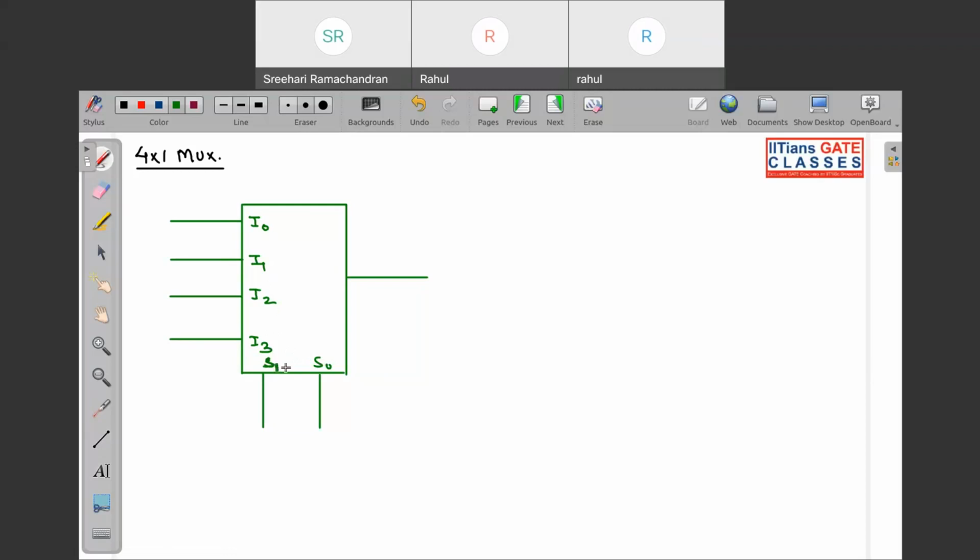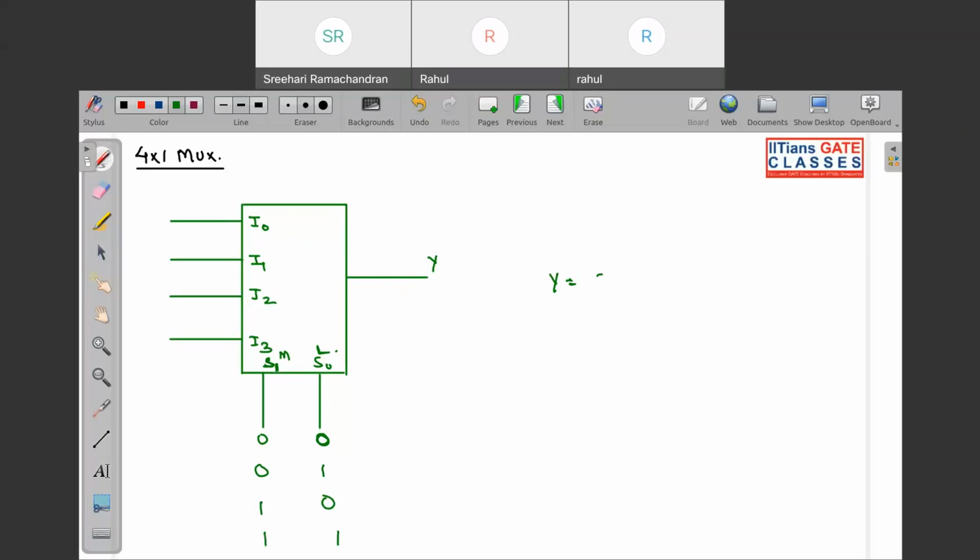If nothing is mentioned, then S1 will be taken as MSB and S0 as LSB. If the selection lines are both 0, 0, then I0 will be connected to Y. If the selection lines are 0, 1, I1 will be connected to Y. If 1, 0, then I2 will be connected to Y. If 1, 1, then I3 will be connected to Y.